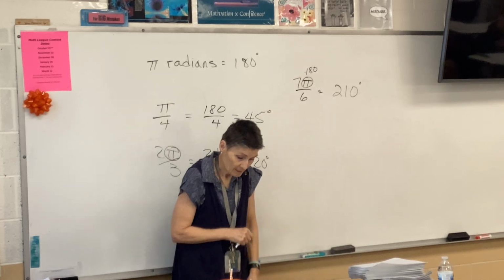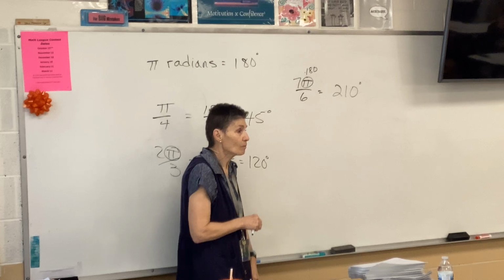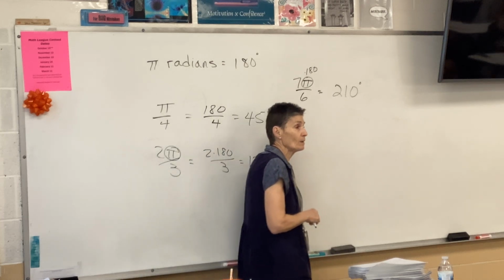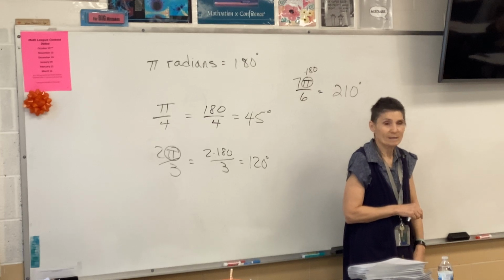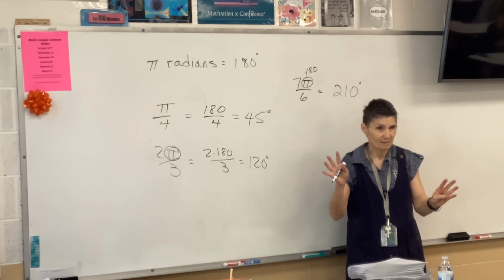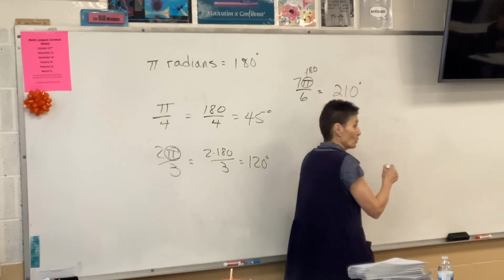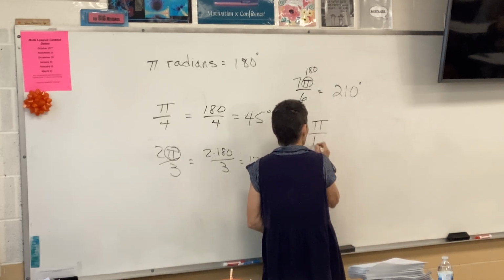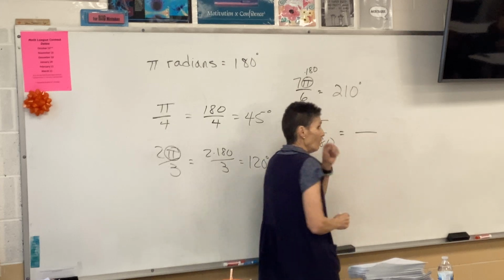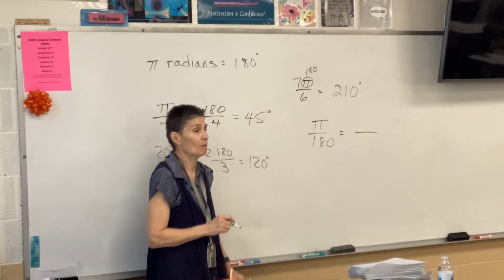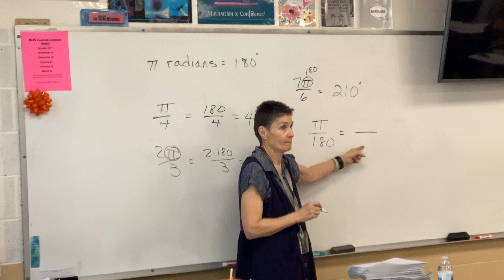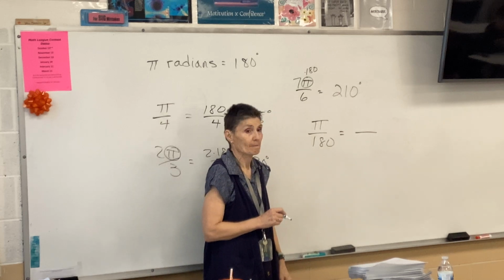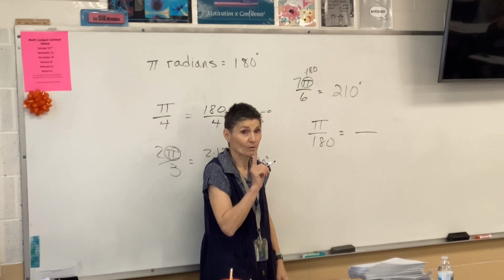Now, E is different. What is different about E? There's no pi. So we're not going to be able to shortcut. We're going to have to go back to our proportion. Pi over 180 equals what? Now be careful. It's either going to be x over 2 or 2 over x. Which is it going to be? 2 over x.